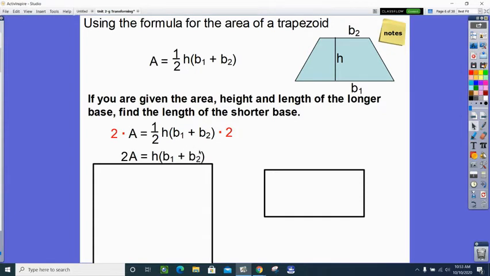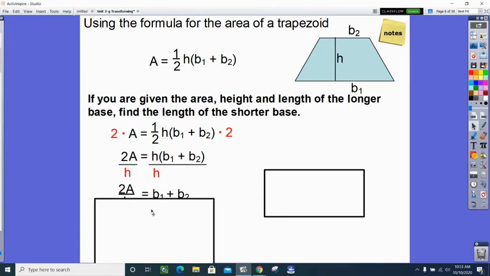And I'm trying to free this B2. So instead of doing the distributive property, I'm going to divide both sides by h. So when I divide by h, then I would have a 1 here again. And I'm simplifying this side. And yes, this side's getting more complicated. That's what's going to happen.